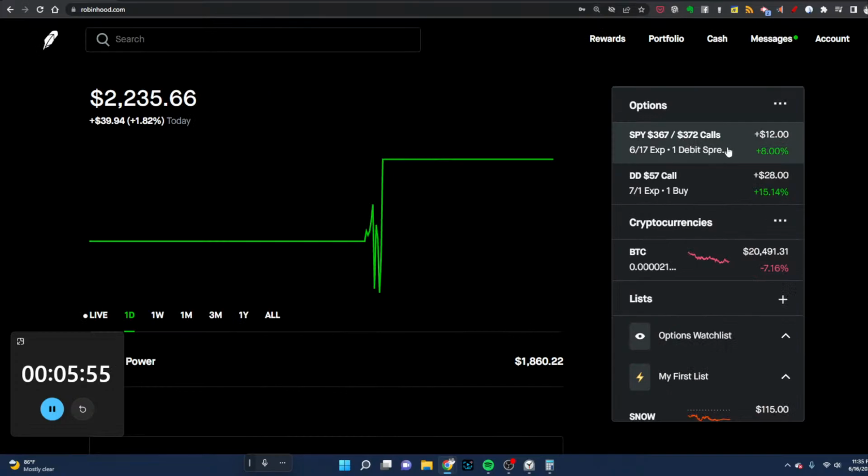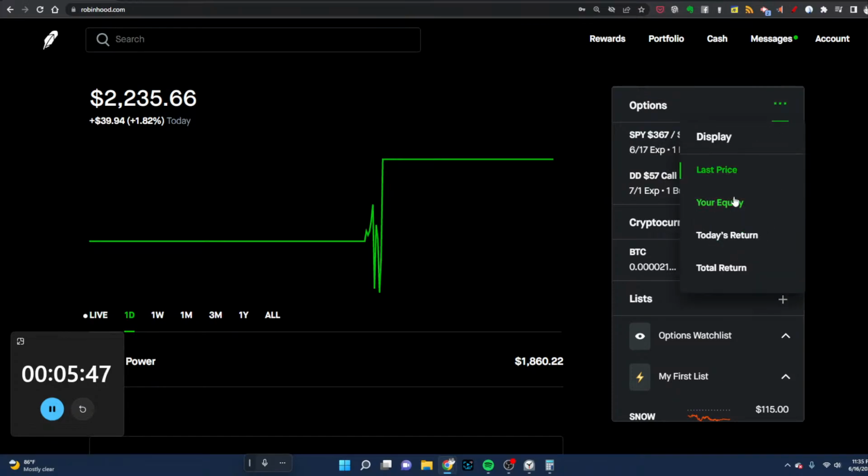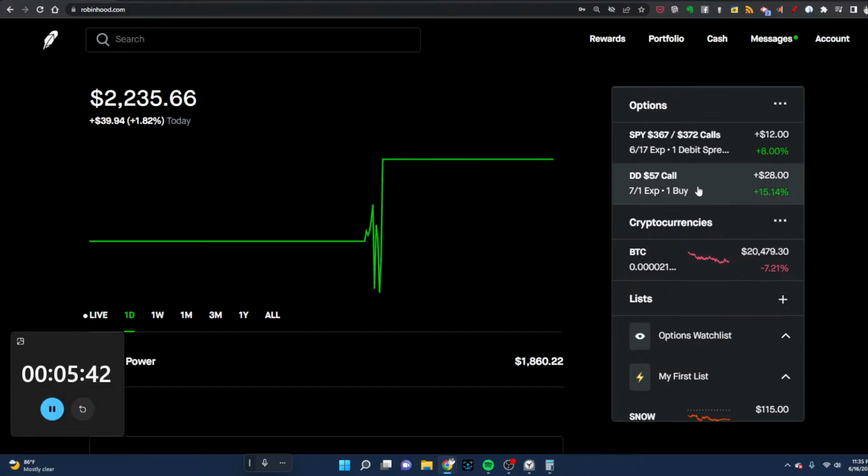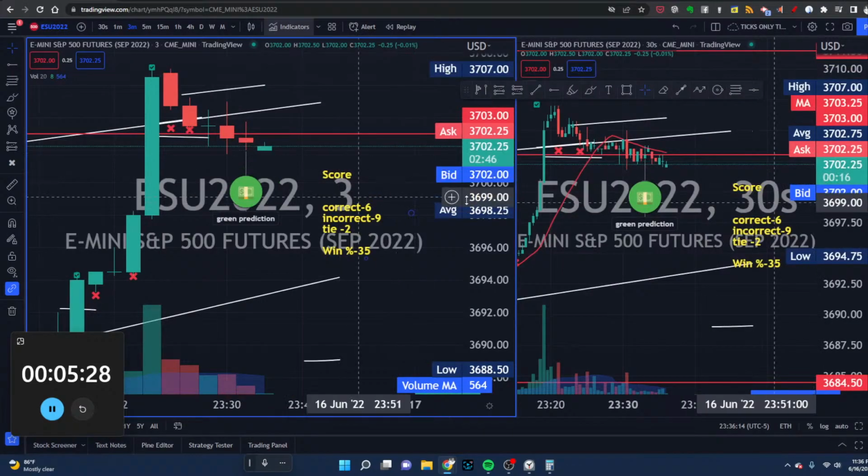I bought a SPY debit spread from 367 to 352. It expires tomorrow. Last price, I think I paid 150 for it. And then I bought one DuPont de Nemours call for 28. So I'm looking for this to pop tomorrow too. When I closed, they were in profit. I'm looking for there to be a big bounce tomorrow.